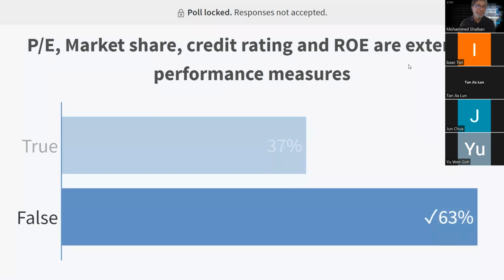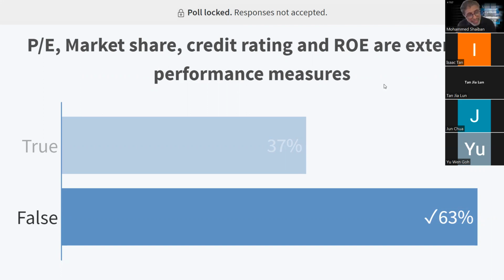See, PE is part of it. This is the share price. PE, the price to earning, you can say it's external. Market share is also external. Credit rating, those agencies who rate us, all of those people are external. But the ROE is based on the income statement and the balance sheet, and therefore it's internal. So when I say all of them are external, it's not right.